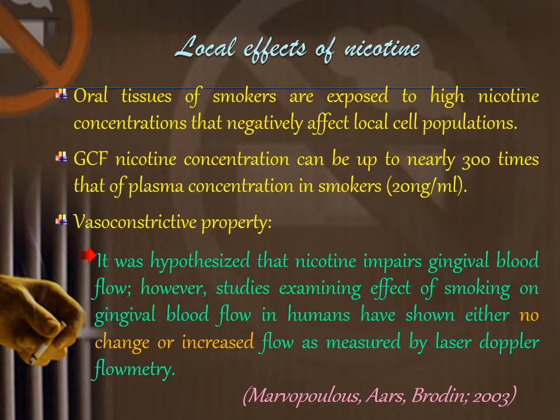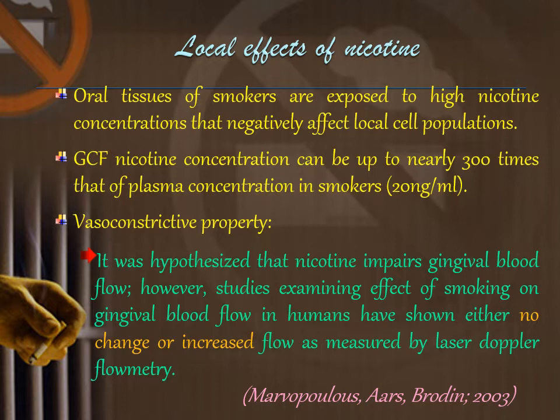Oral tissues of smokers are exposed to high nicotine concentration that negatively affects the local cell population. Gingival crevicular fluid nicotine concentration can be up to nearly 300 times that of plasma concentration in smokers. Vasoconstriction property: it was hypothesized that nicotine impairs gingival blood flow.